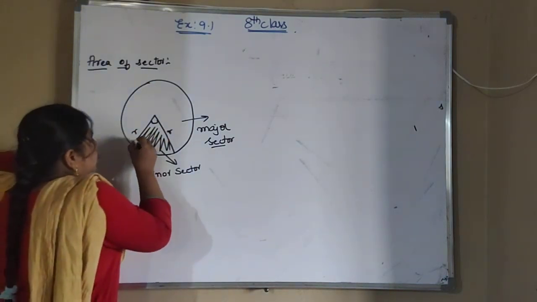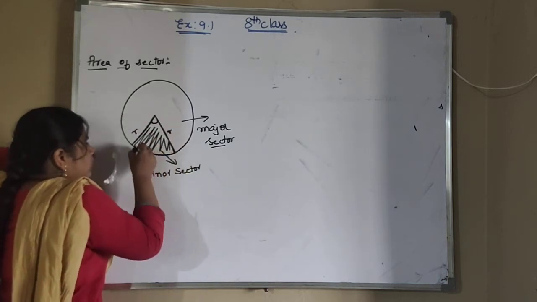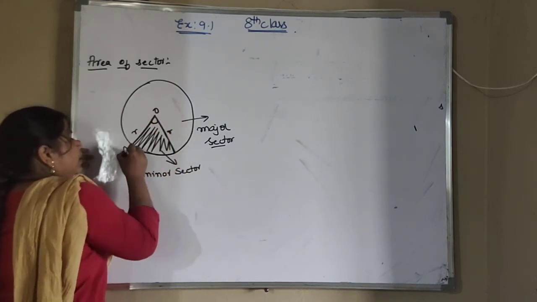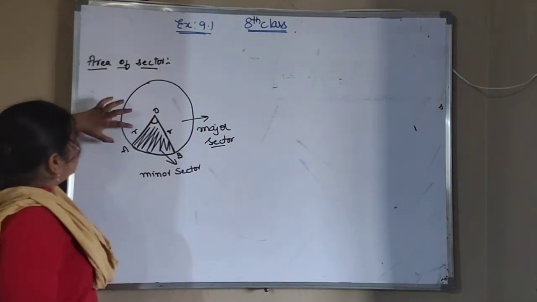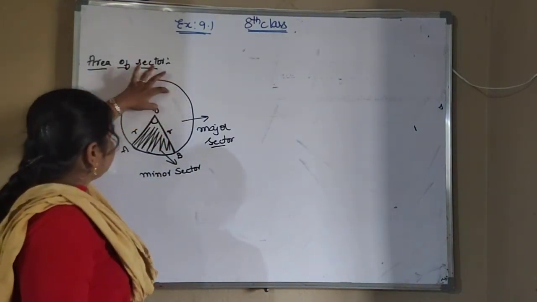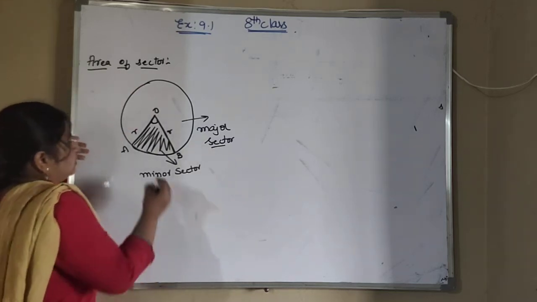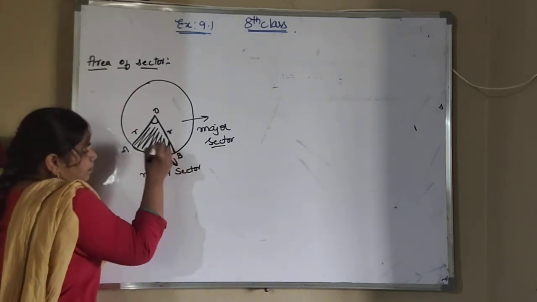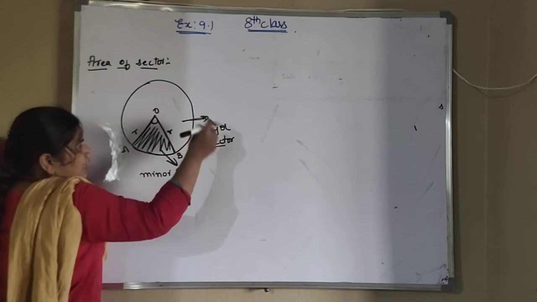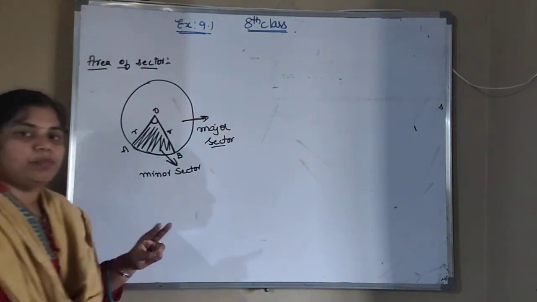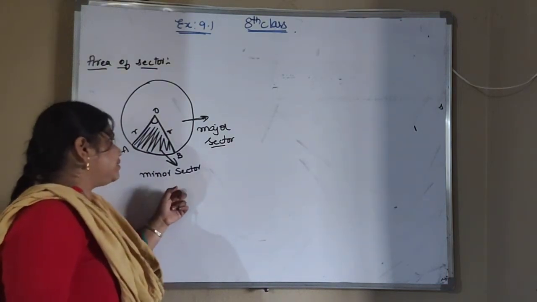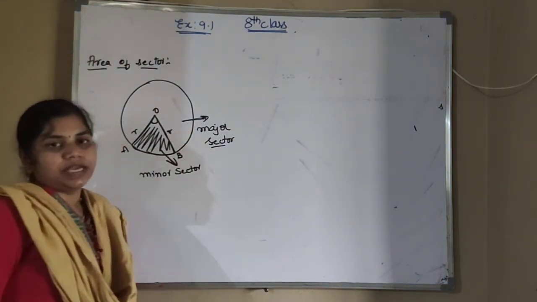This is the first part, which I am taking as OA, OB, and the other part is this. These parts we will call sectors, and a sector is again divided into minor sector and major sector.